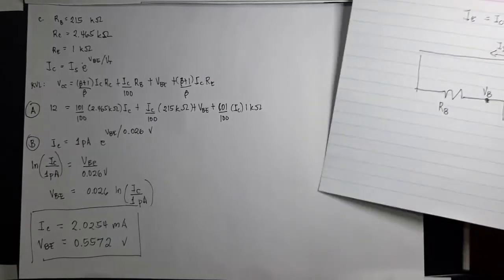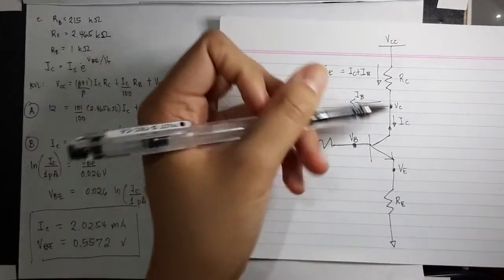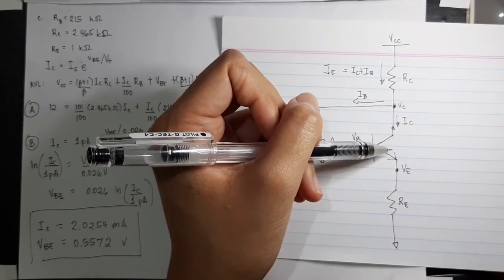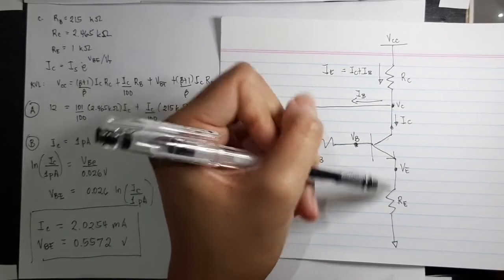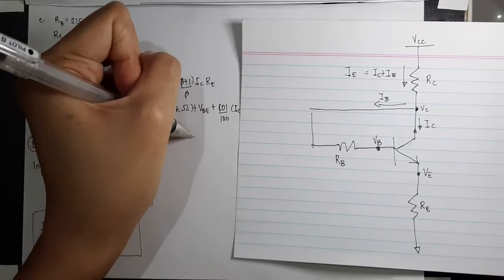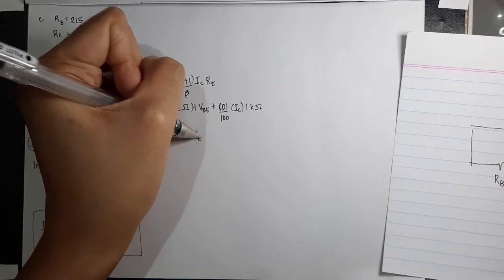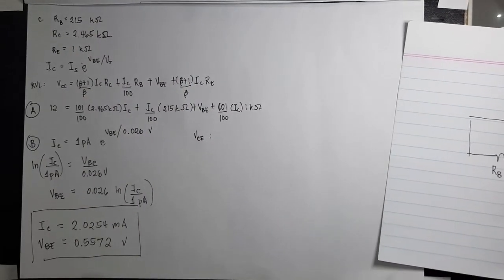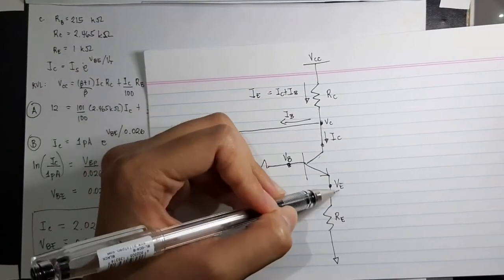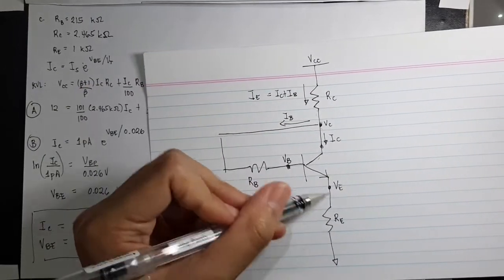Our last unknown is VCE. So for this part, ito yung hinahanap, VCE. We can use KVL in this loop. So for solving VCE, VCE equals VCC minus voltage here minus voltage here.